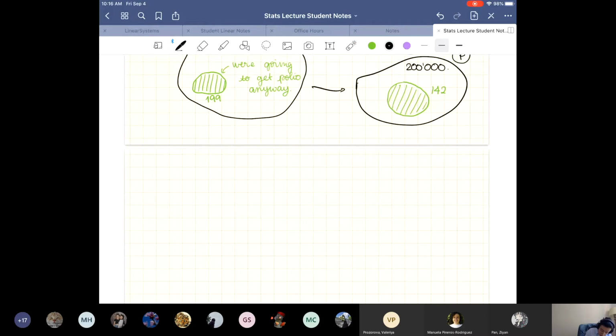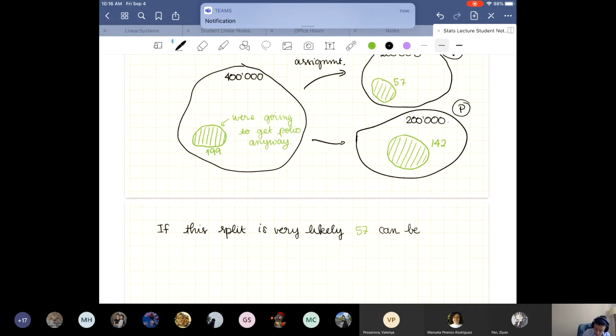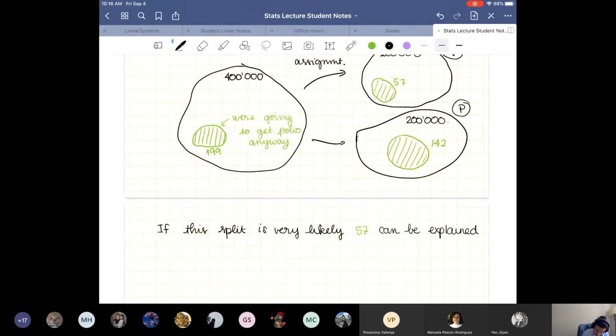So I'm just going to summarize this. So if this split is very likely, then the low number, so the 57, can be explained by random chance.